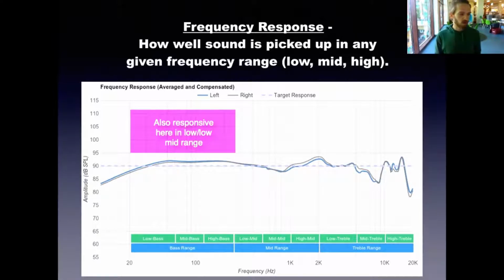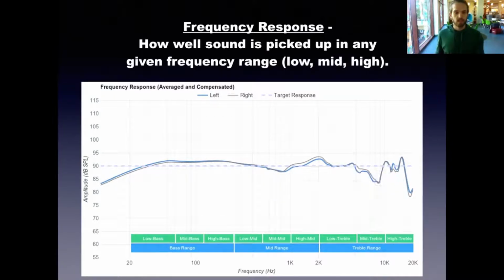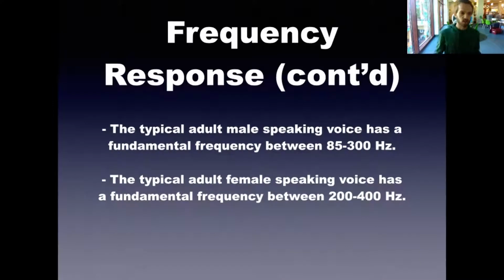So when you're looking for a microphone, you want to understand what frequency range you plan to record. To give you a little background, if you're looking for vocals, the typical adult male speaking voice, so what I'm speaking in right now, has a fundamental frequency range likely between 85 and 300 hertz, so very low end.